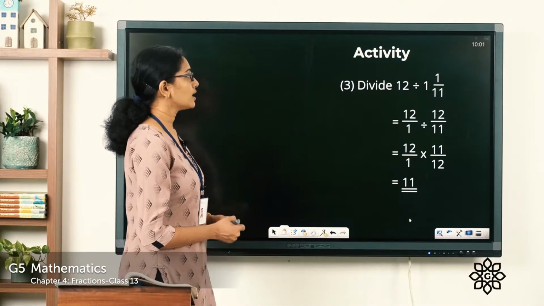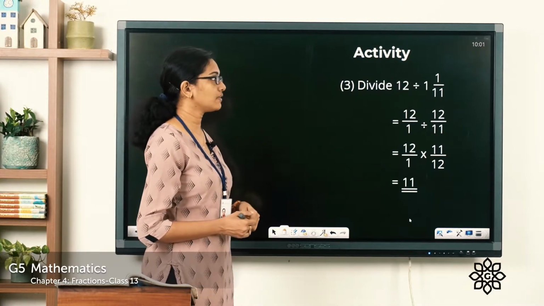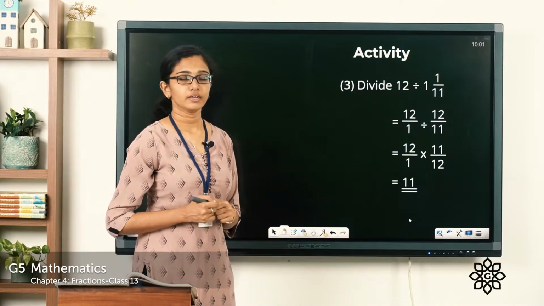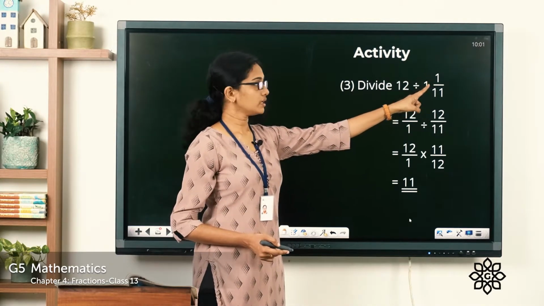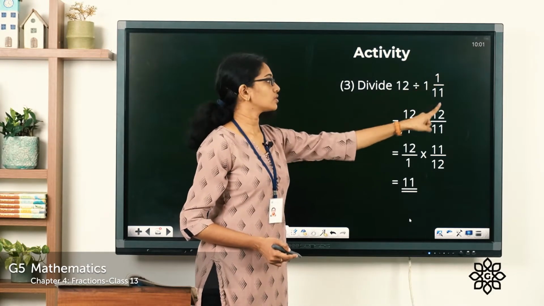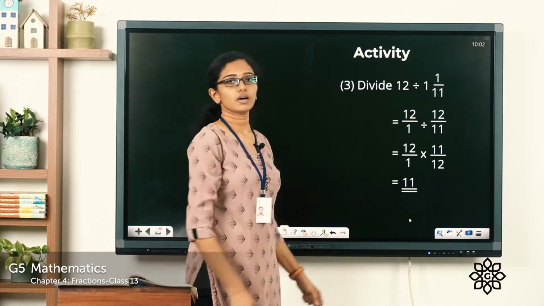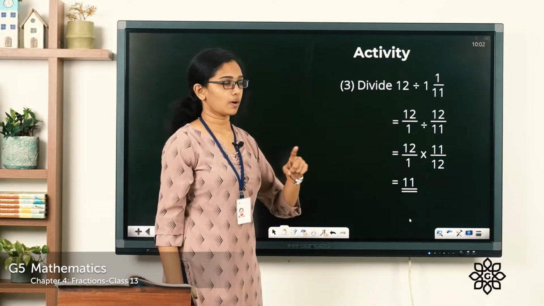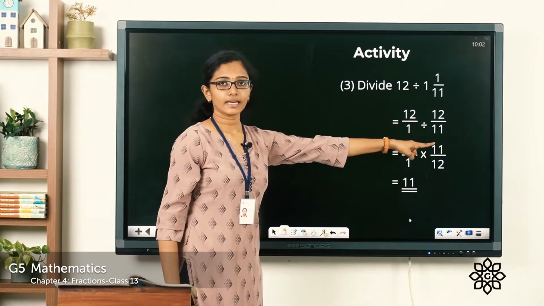Divide 12 by 1 1 by 11. Again, we have a whole number divided by a mixed fraction. Let's convert the mixed fraction to improper. 11 into 1, 11, plus 1, 12. So it is 12 by 11. We have considered the whole number as a fraction with denominator 1. So it is 12 by 1 divided by 12 by 11.